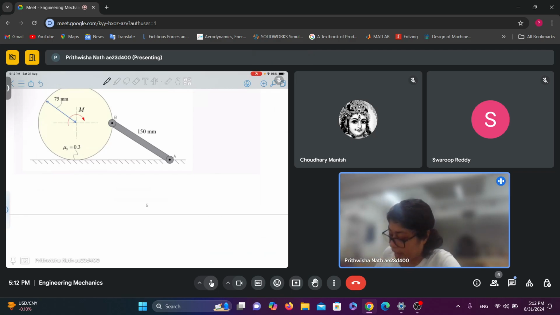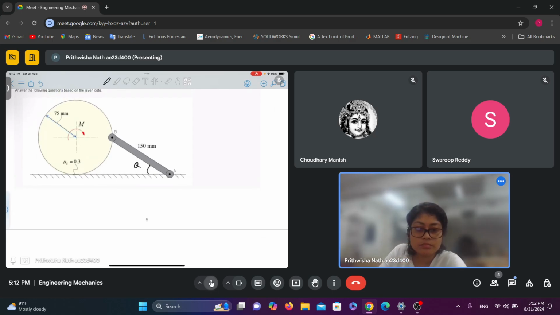Now can you tell me what angle is this? Can someone tell me what this angle is from this diagram? We have the radius of the wheel as well as the link length, 150 millimeter. So from there can we determine theta?